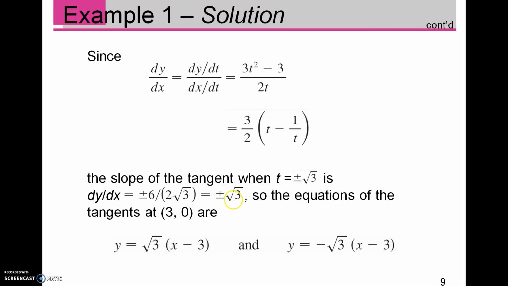We get plus or minus square root of 3 for the slope. So we have the point-slope form, right? So we got the slope square root of 3 and our point (3, 0), and our slope negative square root of 3 and our point (3, 0) again. So the point-slope form here, and we've got our two tangent lines.